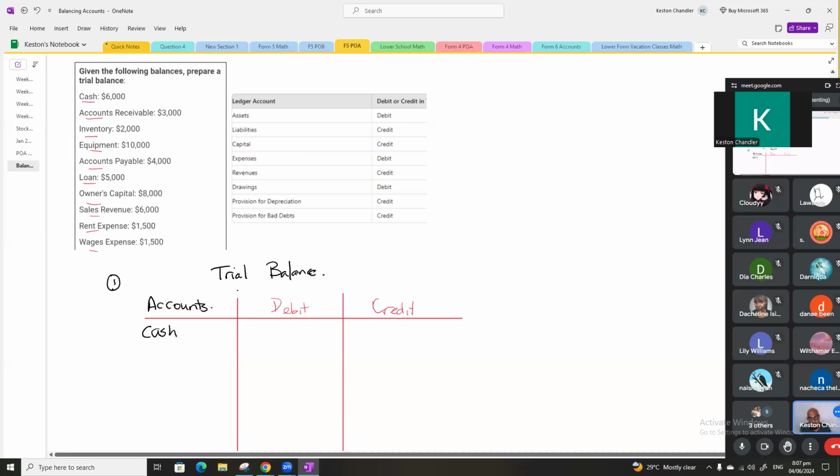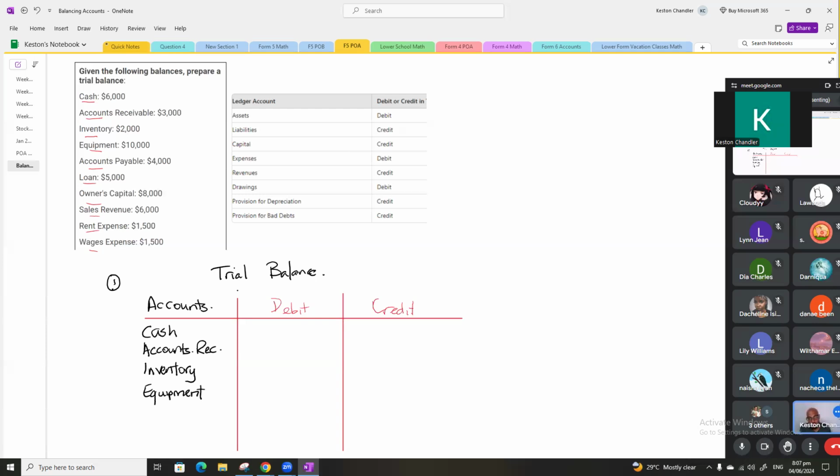We have accounts receivables. I just abbreviated receivables, right? Then I have inventory, and I have equipment. Then accounts payables, abbreviated again, right? Then we have loan.